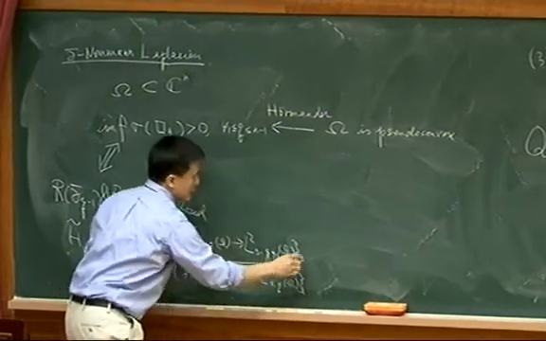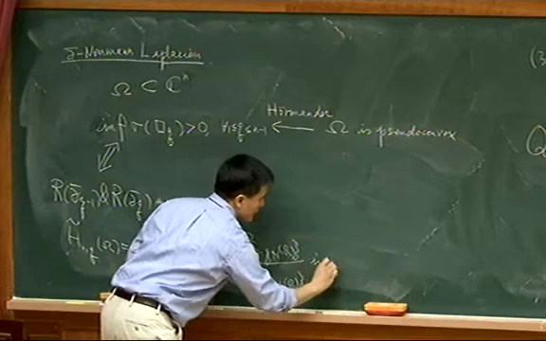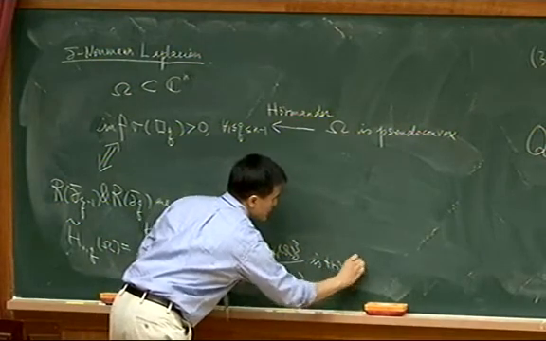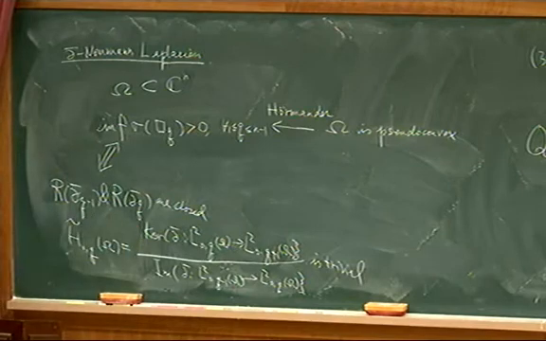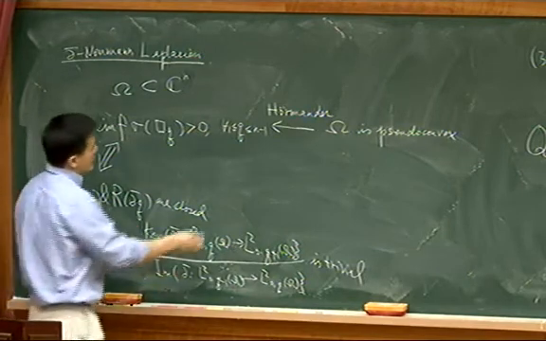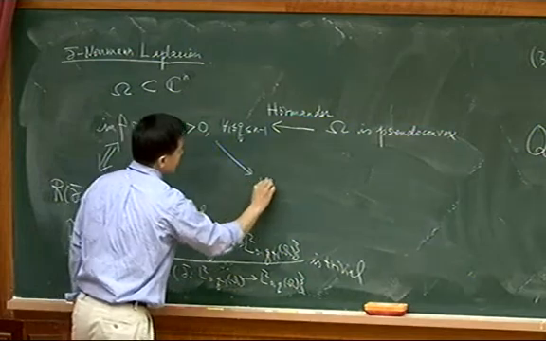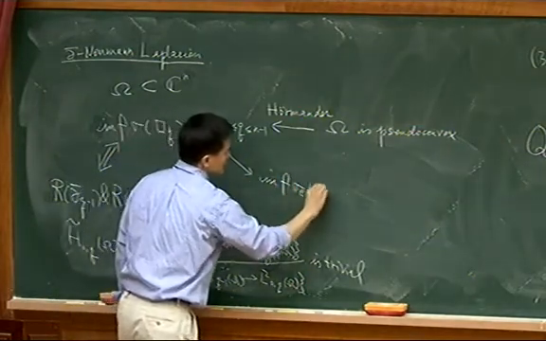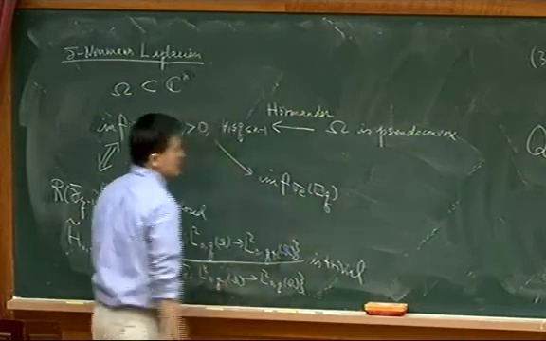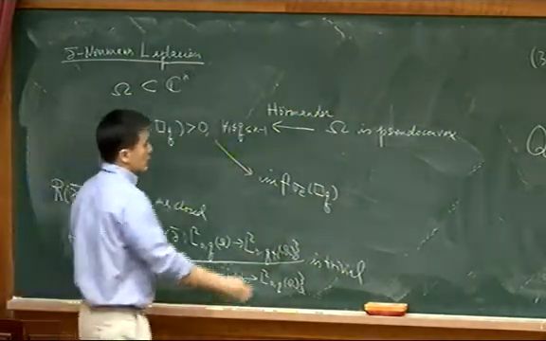This is trivial. So you can solve dbar for any dbar-closed form. And of course, this would imply that the infimum of the essential spectrum, which is a smaller set, is also positive.